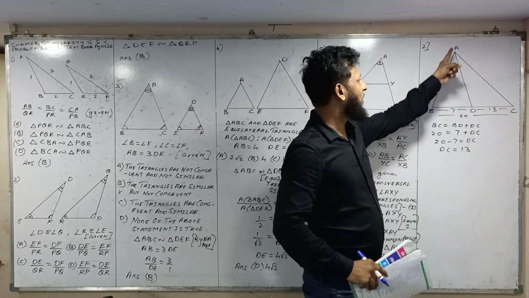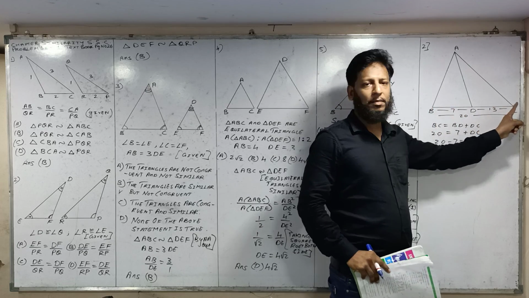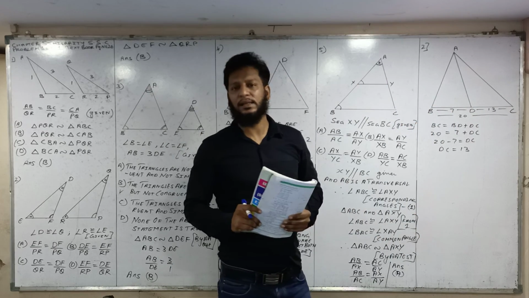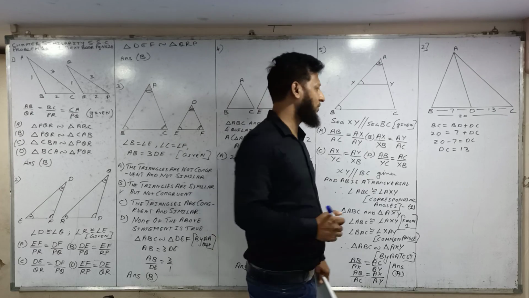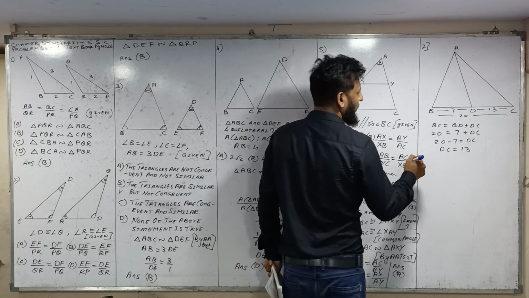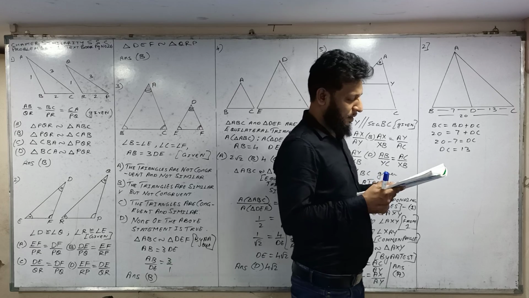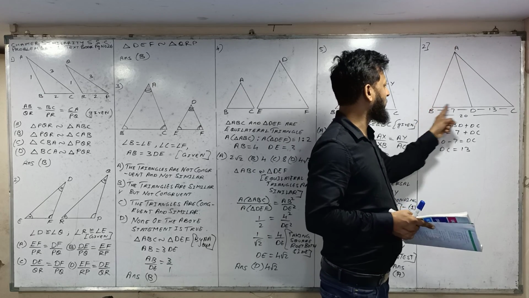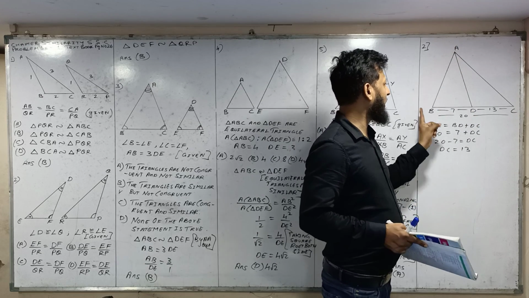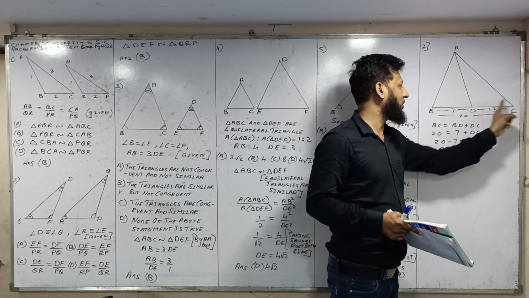So same vertex and base on the same line, that means the triangles have equal height. Okay, so we'll write this for all three triangles. The other triangle ABD also: A is the vertex and the base is on line BC.